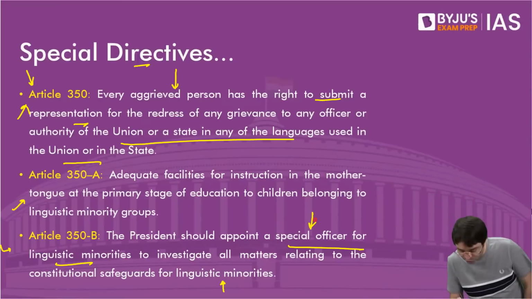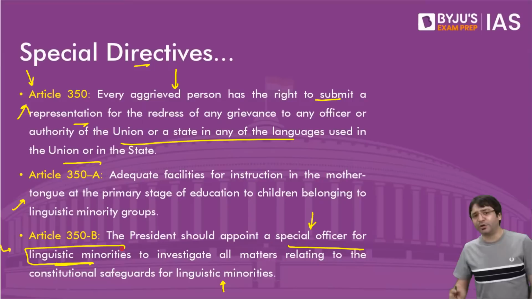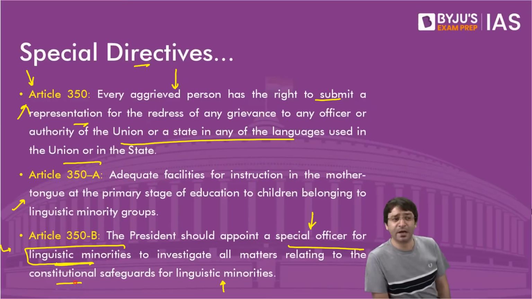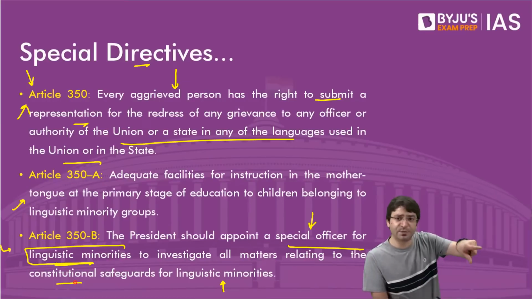It will be the job of this individual to investigate all matters relating to the constitutional safeguards for linguistic minorities. Any problems that you have, get in touch with the special officer. He will investigate, submit report to the president, and president will take the action.